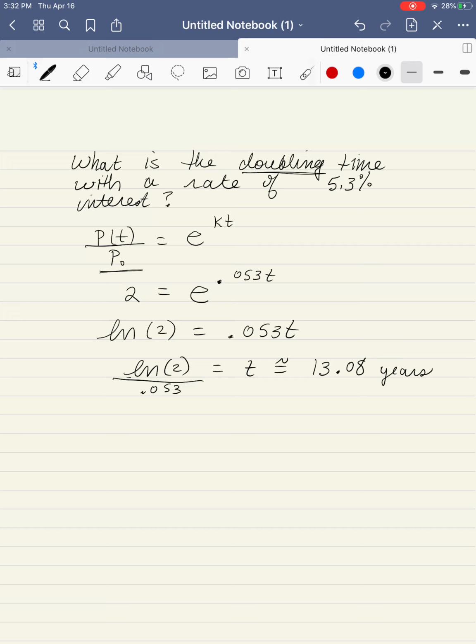And it's a much quicker time because we had a higher rate. So we can see that we don't have to know our beginning amount or our ending amount. All we have to know is the ratio of those two things.